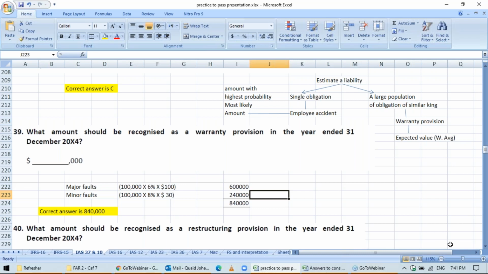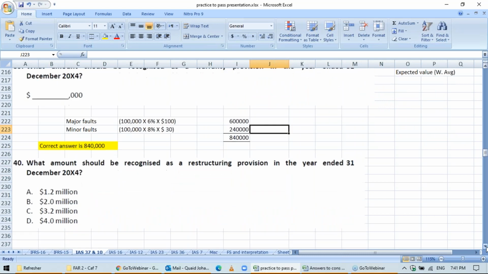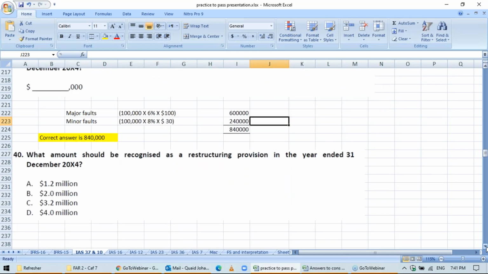Question number 40. This is the last of our IAS 37 questions we'll be attempting. Restructuring provision. A very important concept here. What do we mean by restructuring?